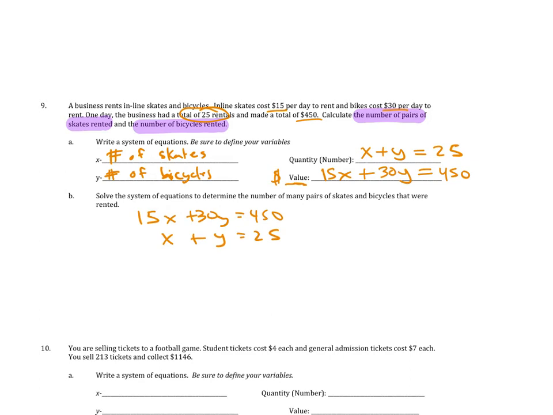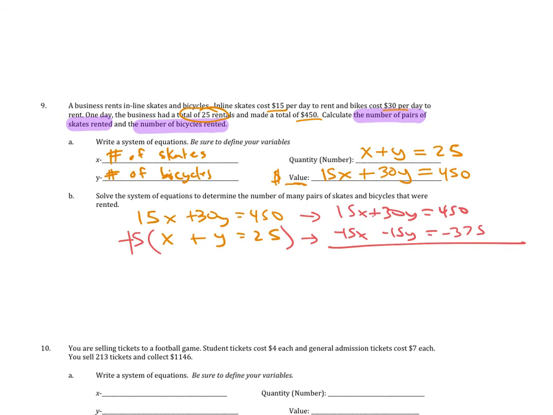A couple ways we could solve it. We could do substitution if I got x or y alone in the bottom equation, or we could do elimination. Maybe we'll try that. Let's multiply the bottom equation by negative 15. And so that's going to give me 15x plus 30y equals 450, and the bottom is negative 15x minus 15y equals 15 times 25 is 375, so this would be negative 375.